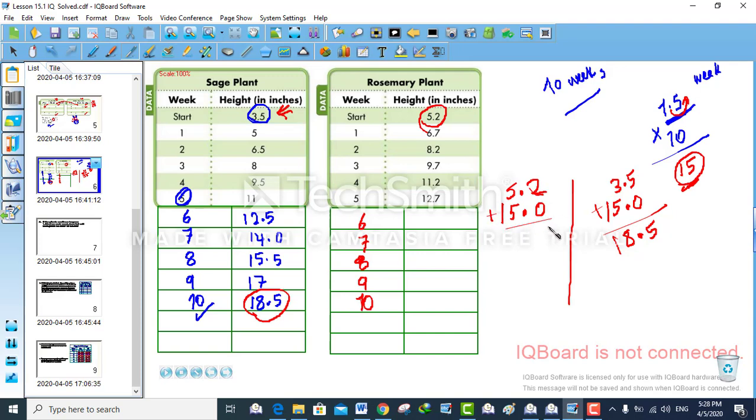Okay, 2 plus 0 is 2, decimal point, and here we have 5 and 5 is 10, carry up 1, 1 and 1 is 2. So the answer here in the 10th week should be 20.2. Yes, the answer after 10 weeks for this one is 18.5 and for that one is 20.2.